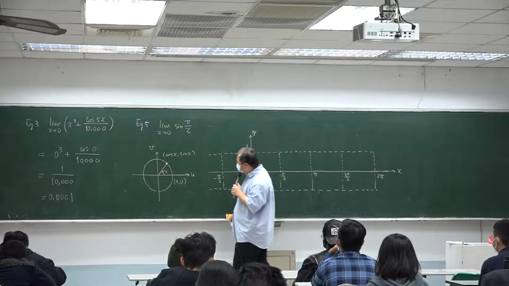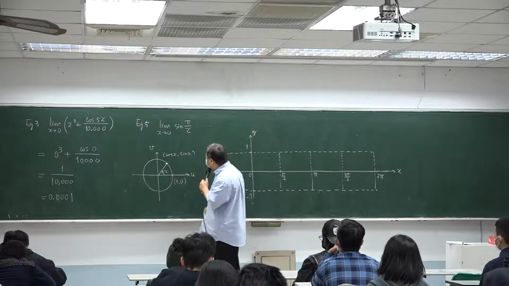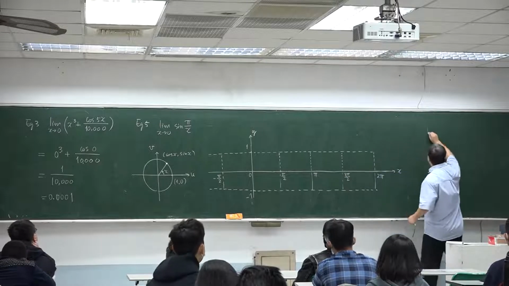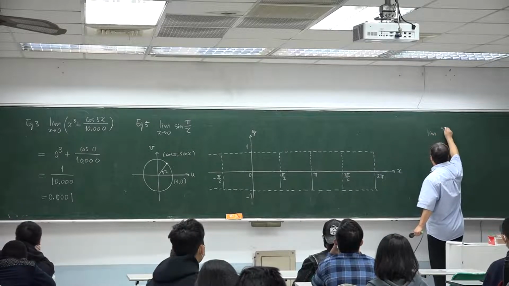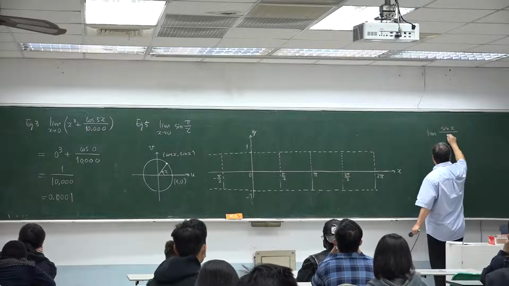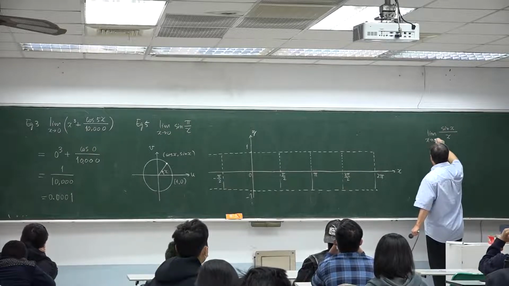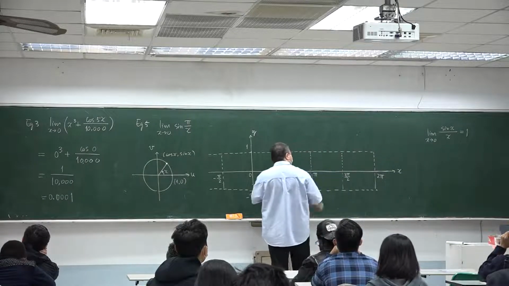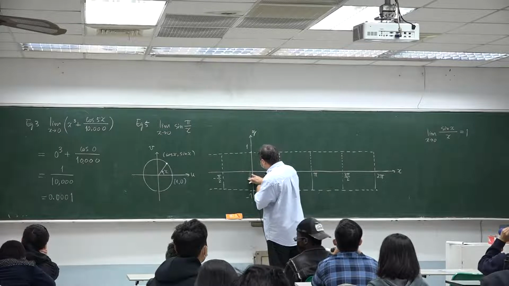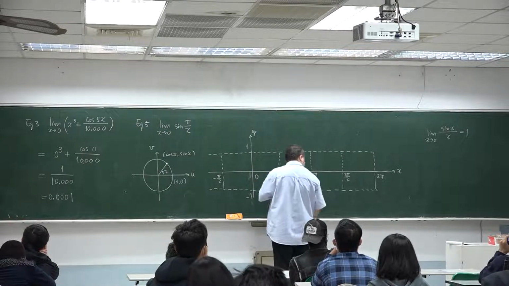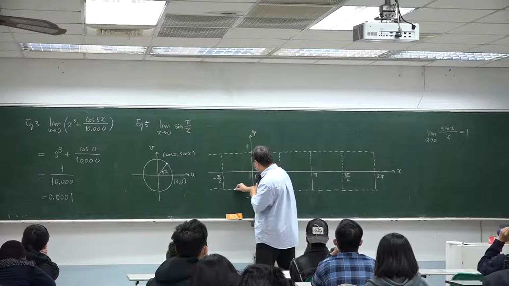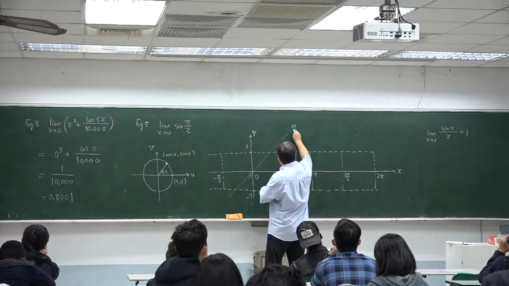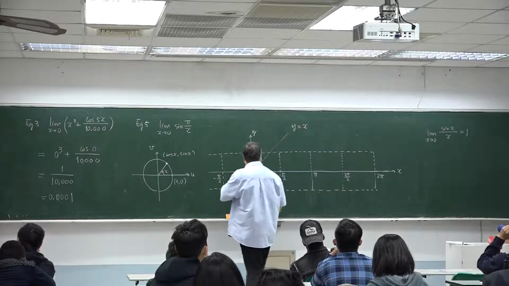When x is very small, by this limit, we know the graph of sine and x are almost the same.